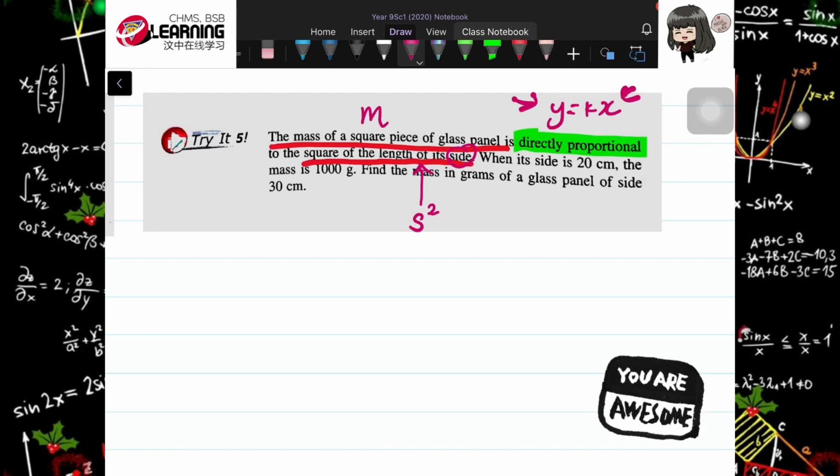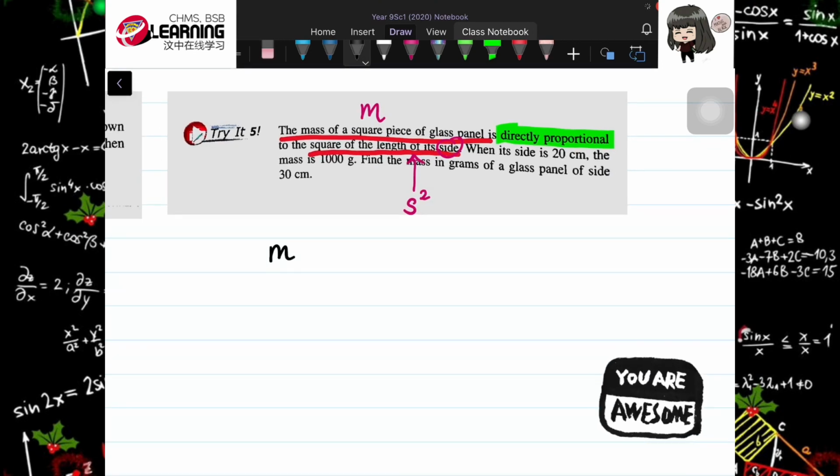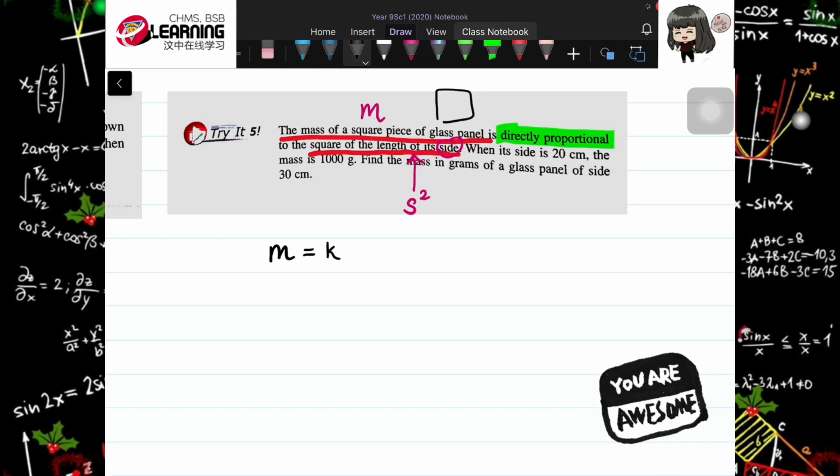So it's no longer only x, it's x squared now, right? So we form the equation as m equals k times the square of the length of its side, which is s squared.